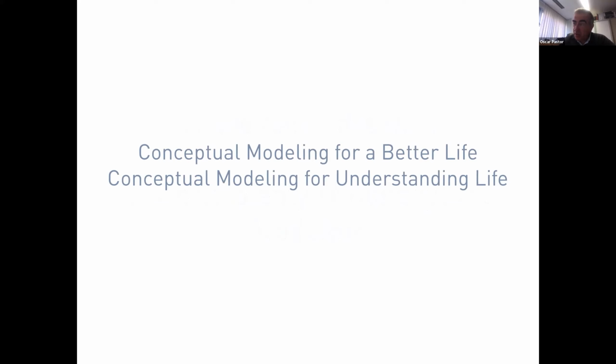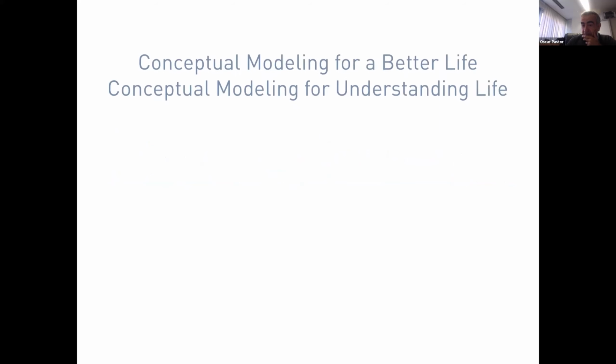Well, conceptual modeling for a better life, and conceptual modeling for understanding life. I think that understanding life is the problem where I am going to focus on, and understanding life would open, and is already opening, a set of possibilities that only a few years ago, or maybe a few decades ago, were absolutely unbelievable.